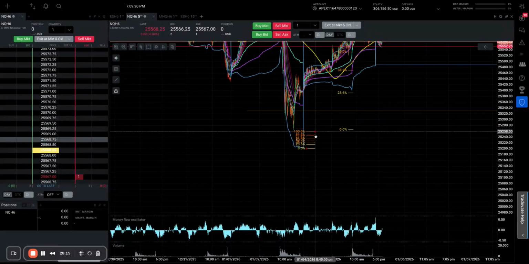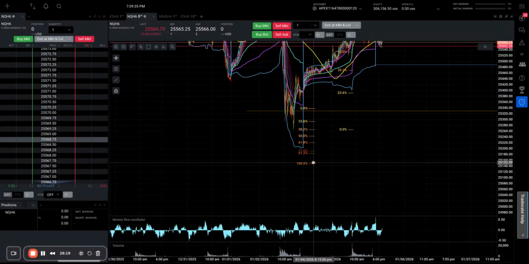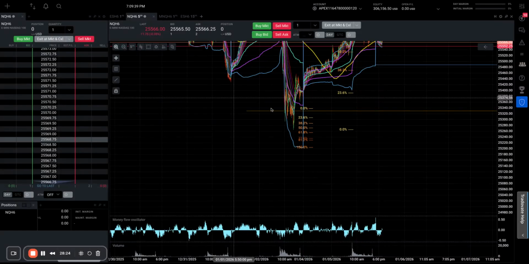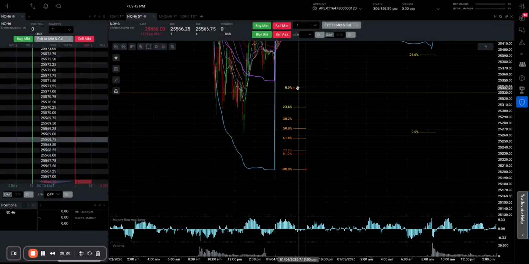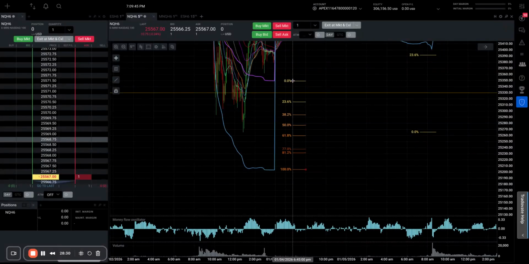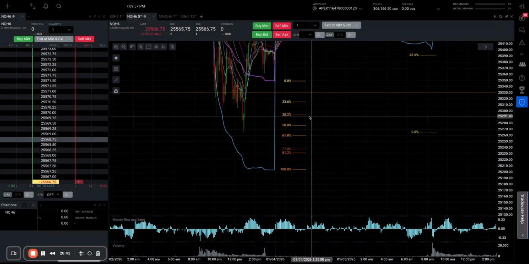If you do something like this, even 38% of the way down, if we do something right here, these are your bounce areas, like right around 23.6, 38.2.